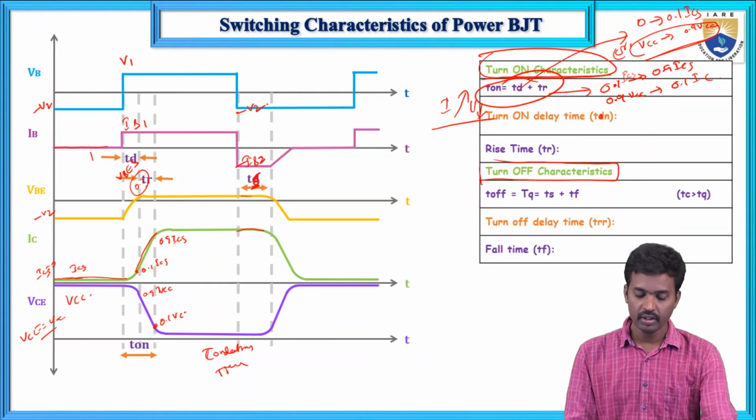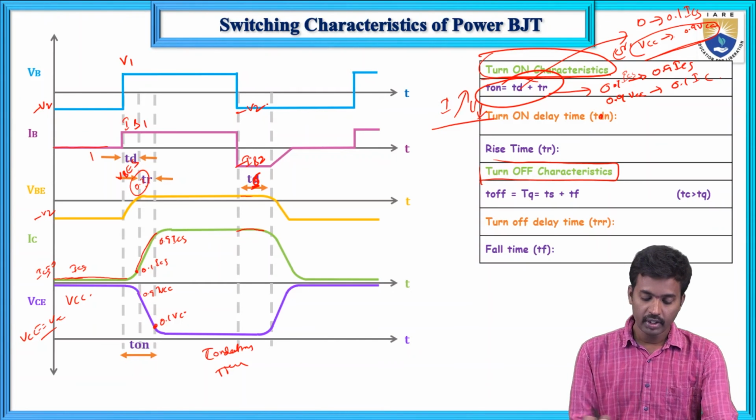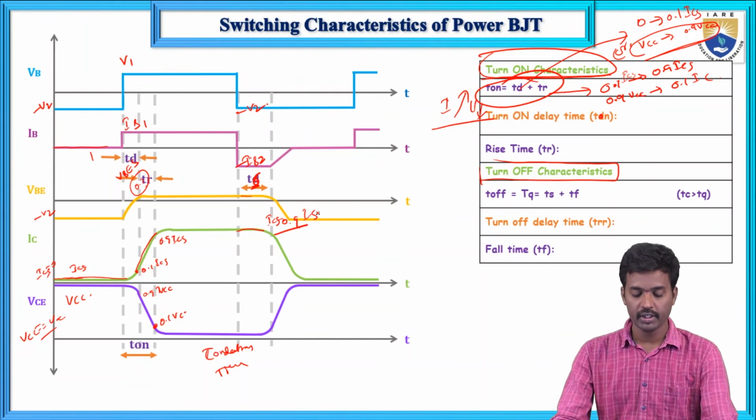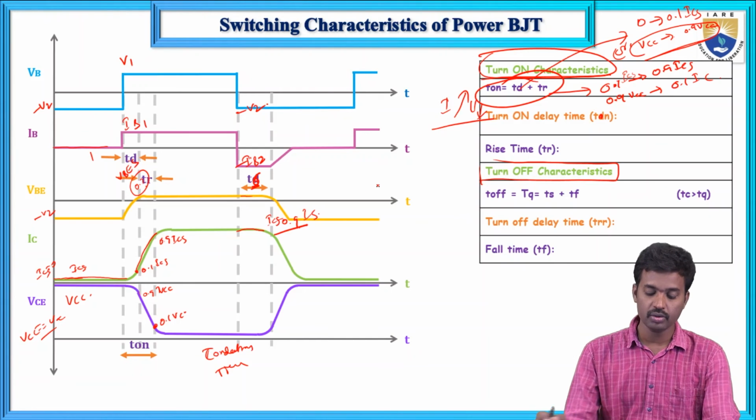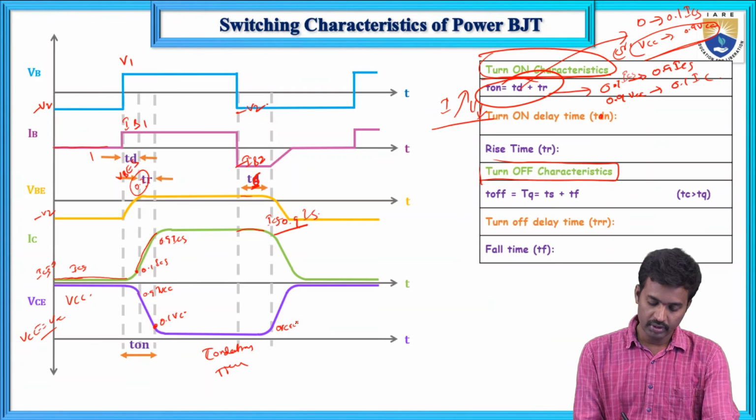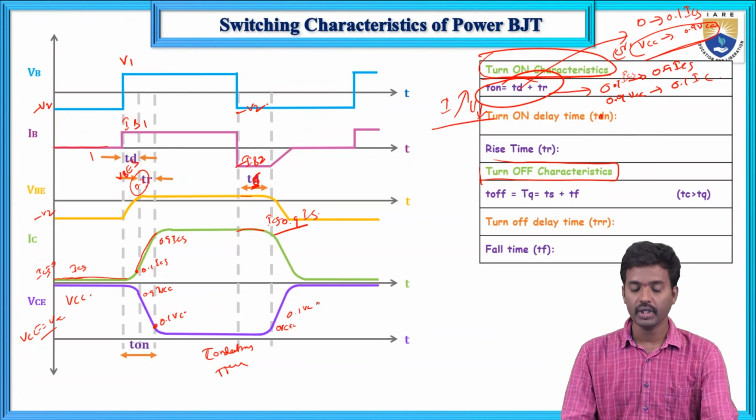In the storage time, from ICS, the maximum ICS, to 90% of ICS, that is 0.9 ICS, and next VCS to 0.1 VCC is known as the storage time.